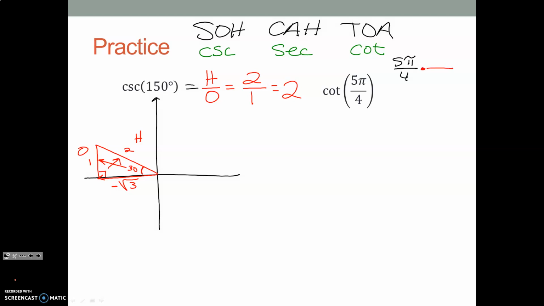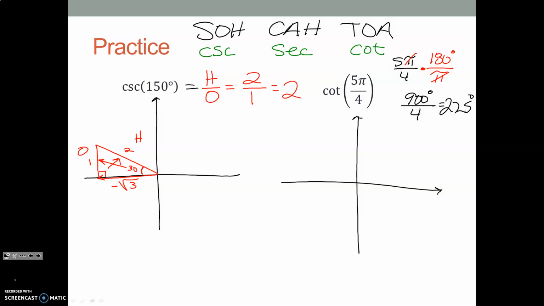Since I'm wanting to get rid of the pi, I put the pi on the bottom, so those would go away. 5 times 180 is 900 degrees over 4. And 900 divided by 4 would be 225 degrees. Again, I draw my triangle.